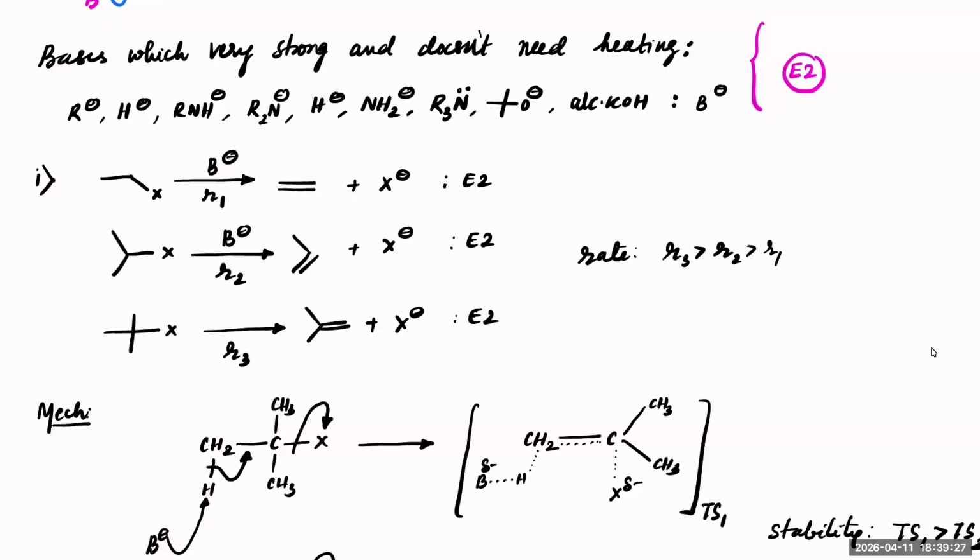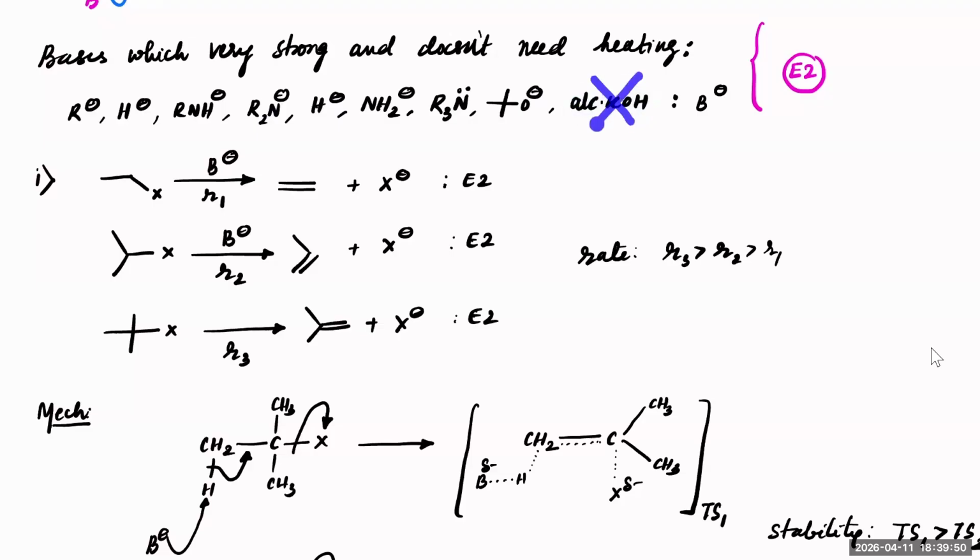Which are all those cases? R minus, H minus, RNH minus, R2N minus, NH2 minus, tertiary alkyl amine, tert-butoxide, or alcoholic KOH. In alcoholic KOH, in certain cases, heat will always be mentioned in the exam.